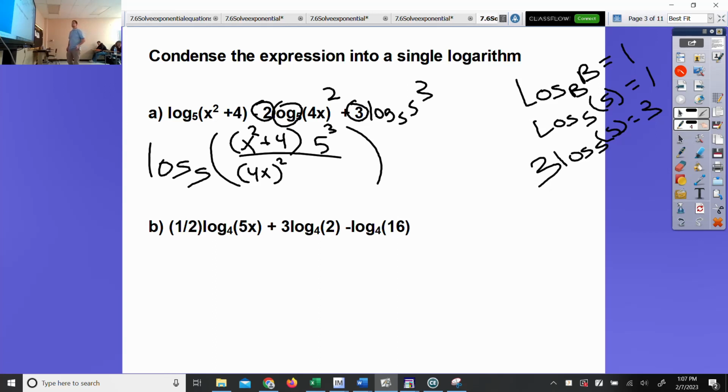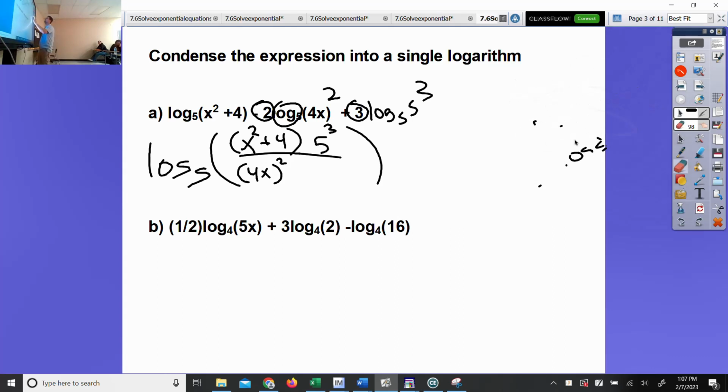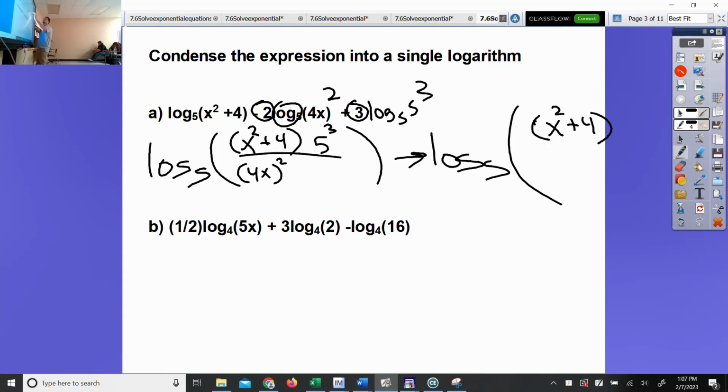Don't stop. Do what you can do. You know what 5 cubed is, don't you? What is it? 125. I can't tell you when you take a state test how they're going to represent an answer, but you need to be comfortable with doing more work than just the bare minimum.